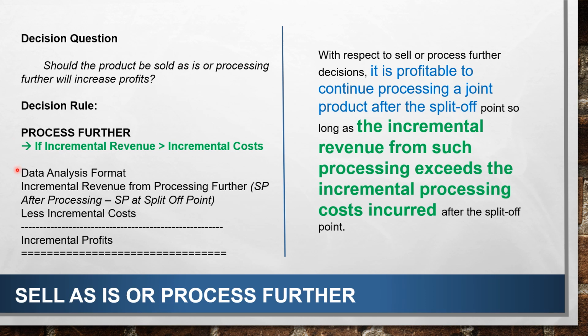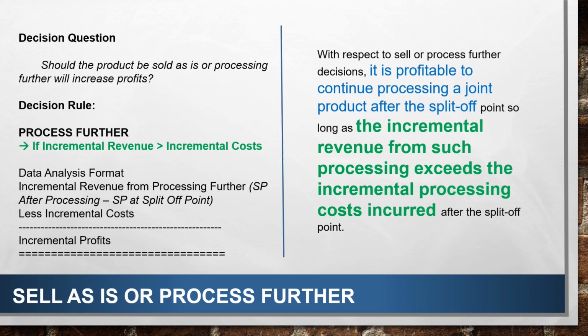Our data analysis format is we analyze the incremental revenue from processing further, which is the selling price after processing, and deduct the incremental cost to get incremental profit. So again, bottom line, for sell as is or process further decision situations, our decision is to process further if there is incremental profit.